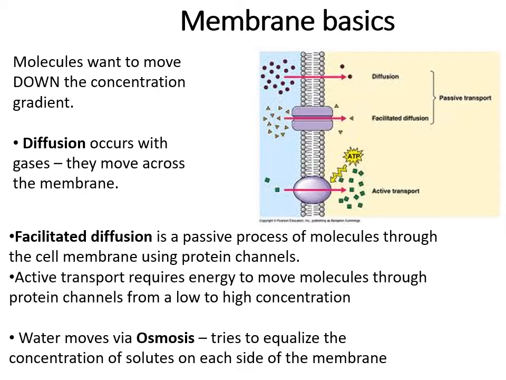Okay. So just see water as following concentrations of solutes. Okay, that's all it's going to do. And because water can easily go across the cell membrane, it's going to follow concentration gradients.